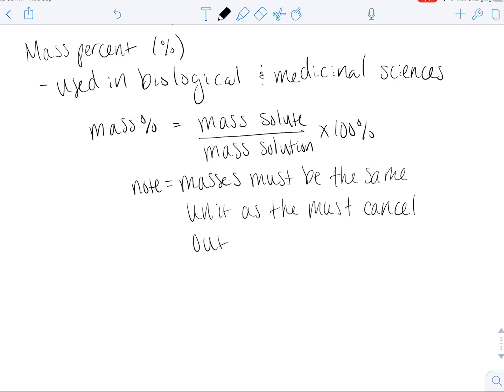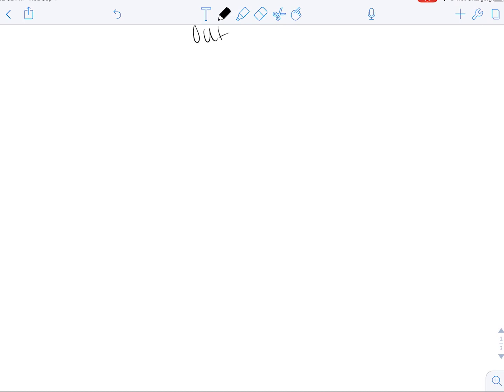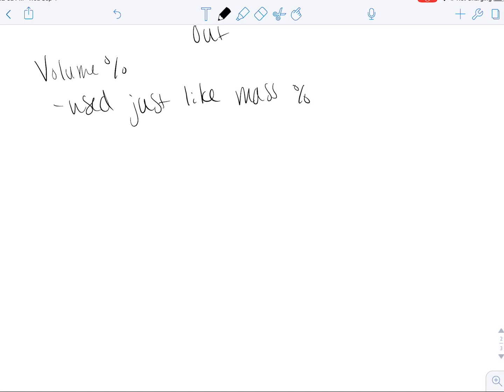Okay. Volume percent is very similar to this. So it's used just like mass percent. And it again is a percentage. Actually, I guess I should do mass percent is in percent.